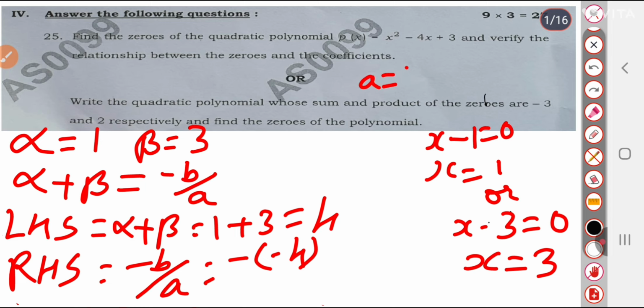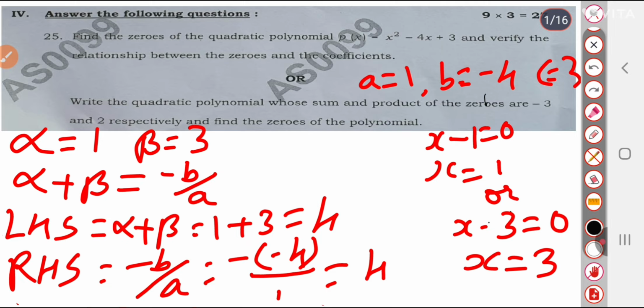A is 1, B is minus 4, and C is 3. So minus b by a is equals to minus into minus 4 by a is 1 is equals to minus into minus plus. So it is plus 4. Therefore LHS is equals to RHS.